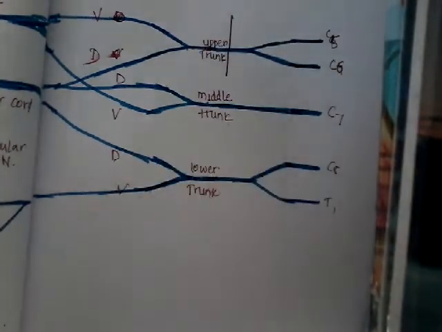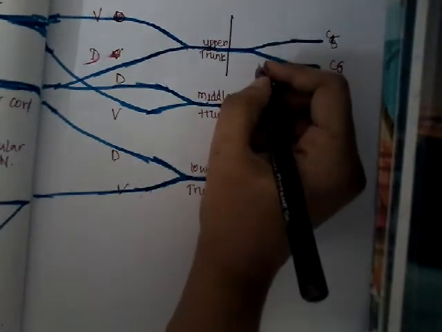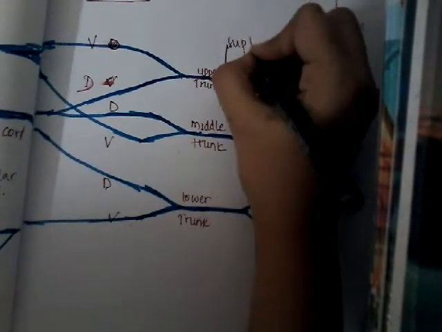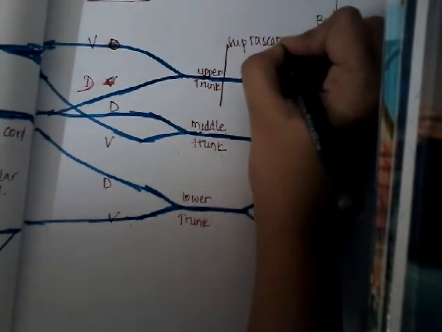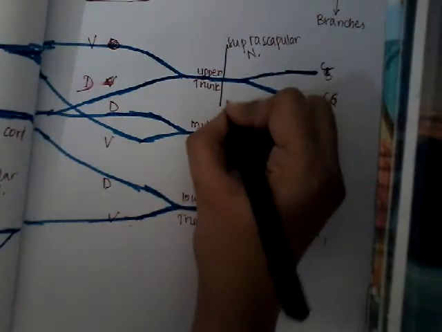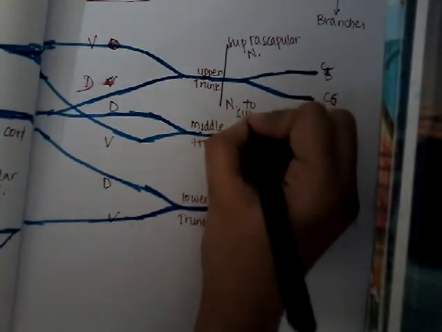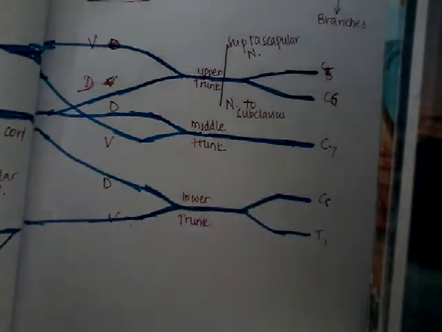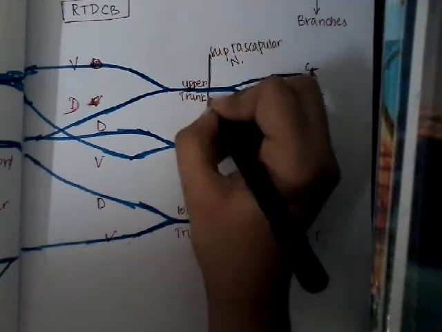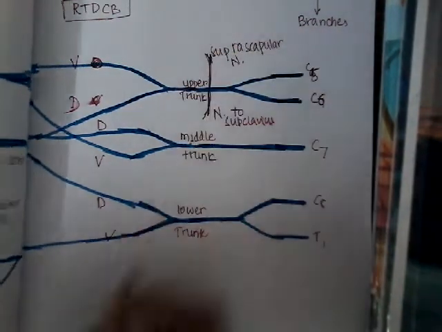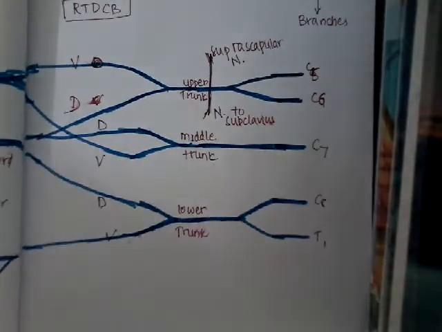The first branch is suprascapular nerve. And the second one is nerve to subclavius. These are the branches from the upper trunk.